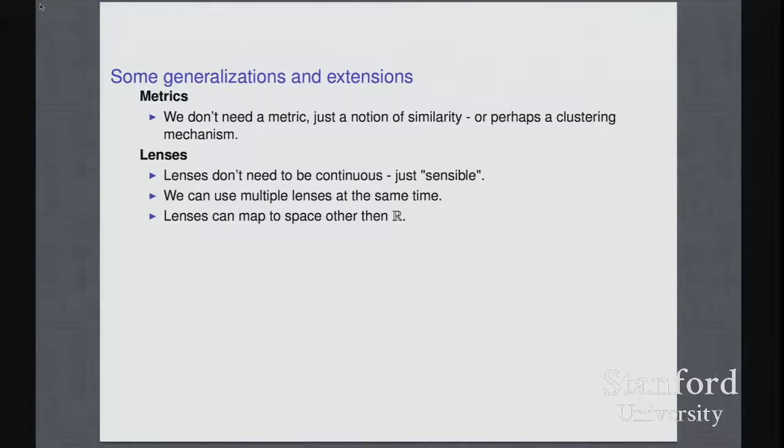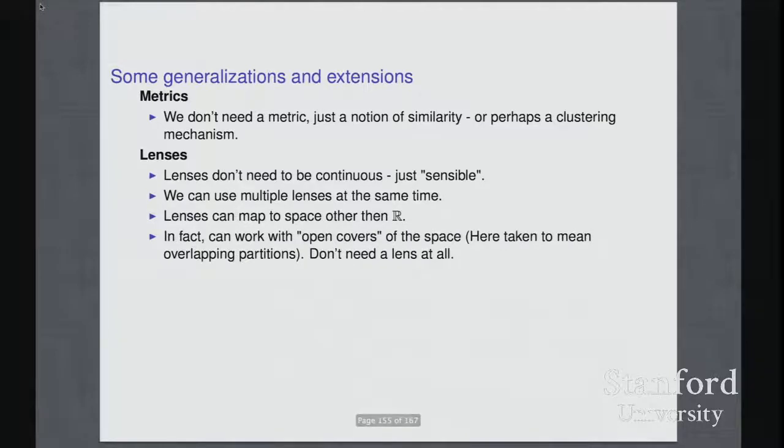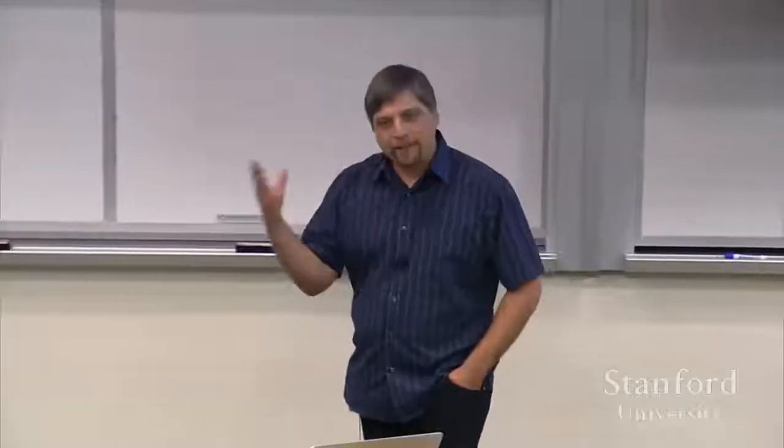So you can map to any topological space that has an open covering created in some way and use the inverse images, and that works fine in the system. There's nothing special about R. In fact, we don't even really need lenses at all. All we need is an open cover of the space. If you want to ask where the topology is, well, topology: open cover. All we need are open covers.